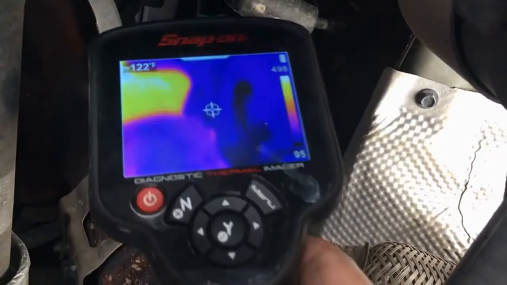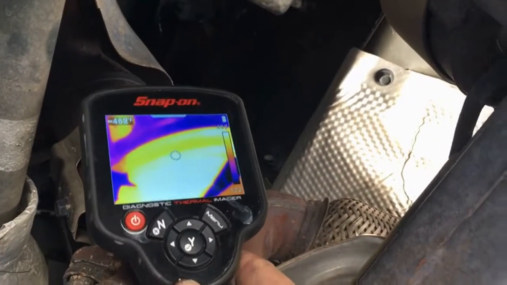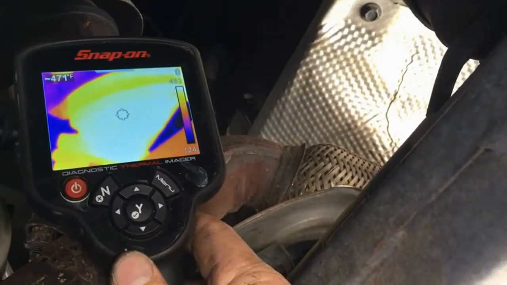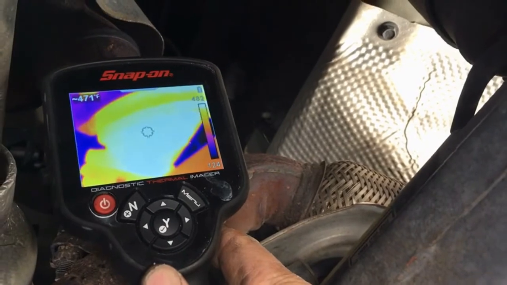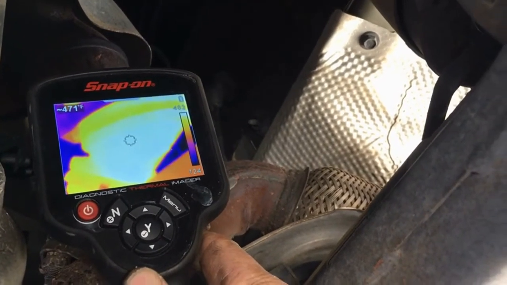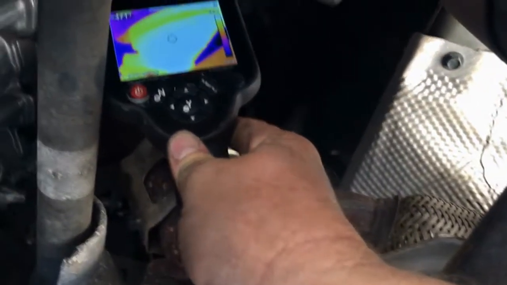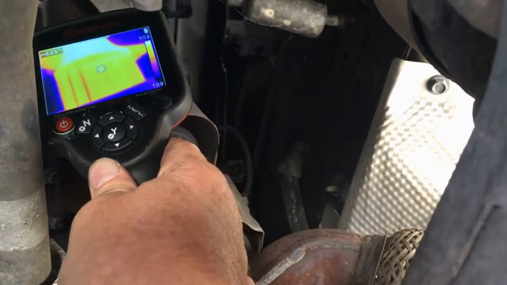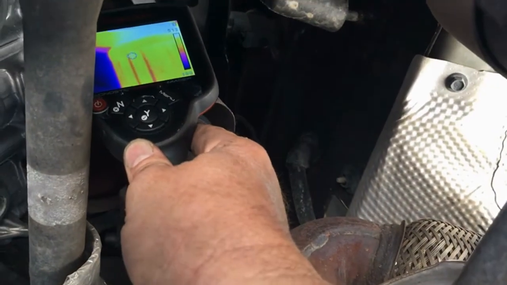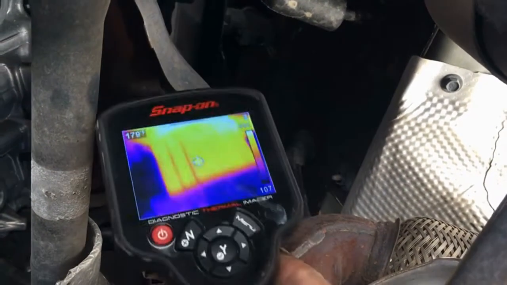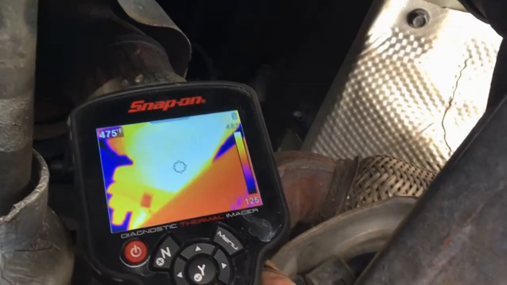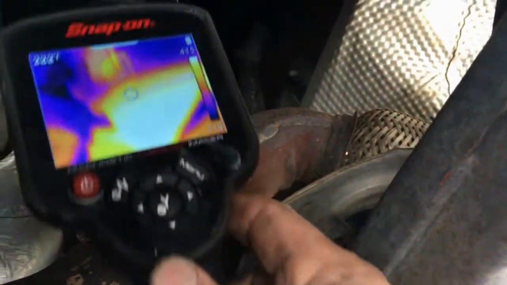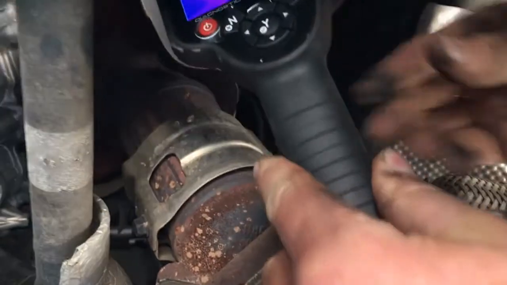450 is the highest rating. Let's see at the exit right here. Exit, I have 470. So it went up like 30 degrees on the outlet. So this cat, based on the middle reading, the middle reading was roughly 430. The outlet reading is 475. Let's see what it is entering it.